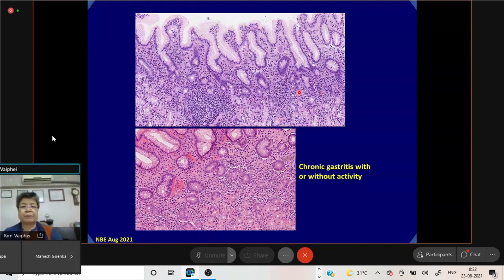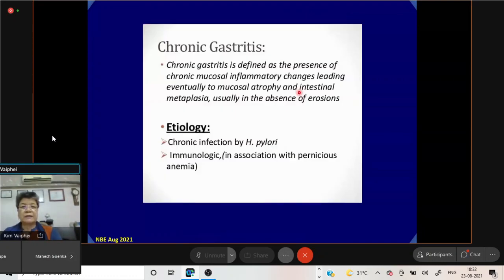And so here, the importance of chronic gastritis, which I have just put down in a few lines, is that it leads eventually to mucosal atrophy and intestinal metaplasia, usually in the absence of erosions. The importance of these changes of atrophy and intestinal metaplasia is that they are considered pre-malignant conditions.